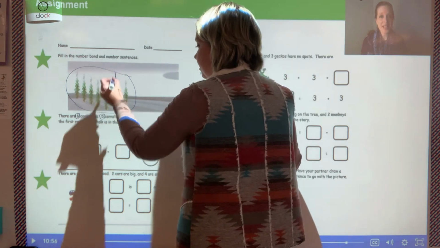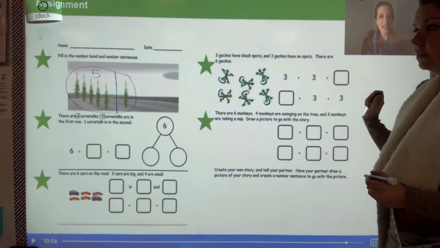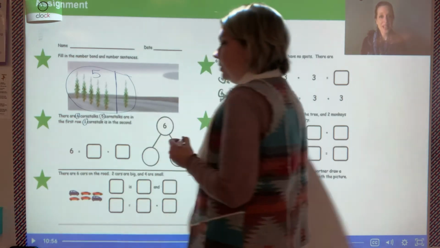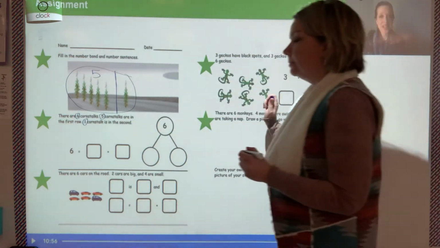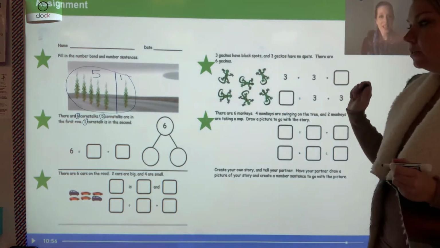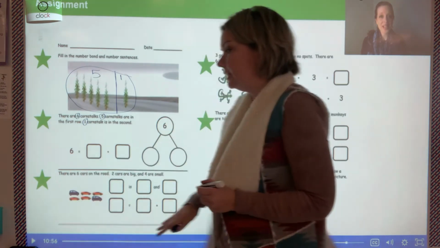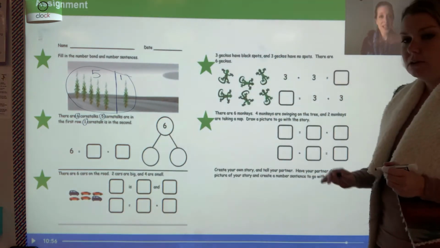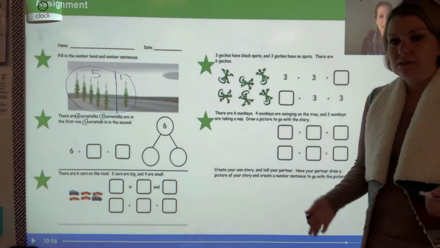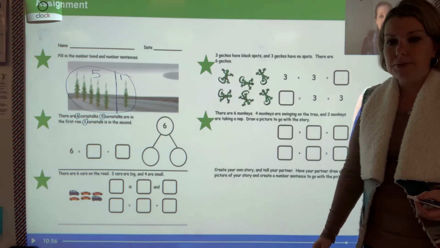So I'm going to separate to show that there are 5. 1 corn stalk, circle that 1, is in the second row. We've got our 6, which is the whole, and the whole is always next to the equal sign when we're adding. What's going to be my 2 parts? How do I fill this in? Who can help me?